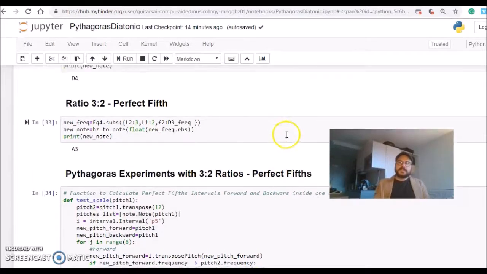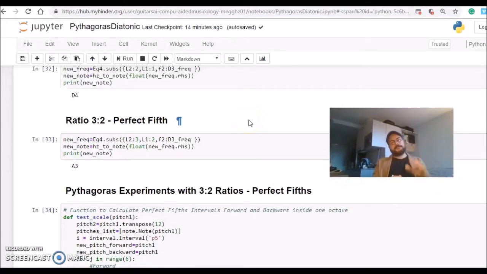So what he did was, he started with D, for example, with a note, and then he would make a ratio 3/2 and 2/3. So he goes a perfect fifth up and a perfect fifth down. Every time this new note generated by this ratio was outside of the boundaries that he decided, he would just shift by 1 octave, so multiply by 2 or divide by 2, in a way that it would always be inside these boundaries.